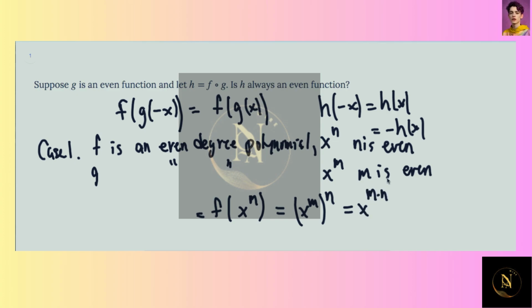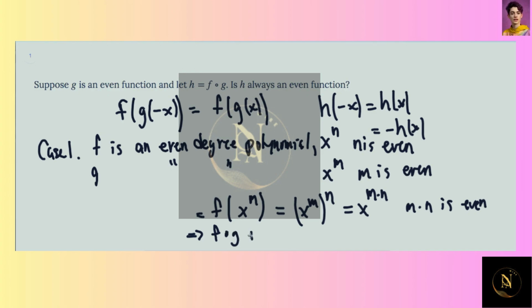And notice that n is even and m is even. So the product of m times n is even. Okay. Thus, we can say that in this case, if f is an even degree, then this composition, therefore, is even.